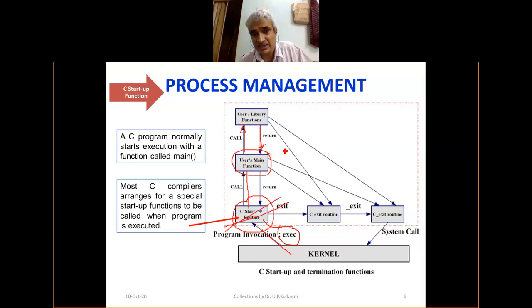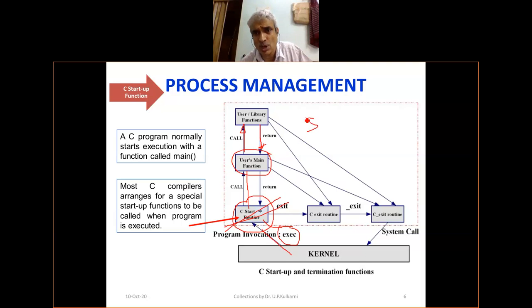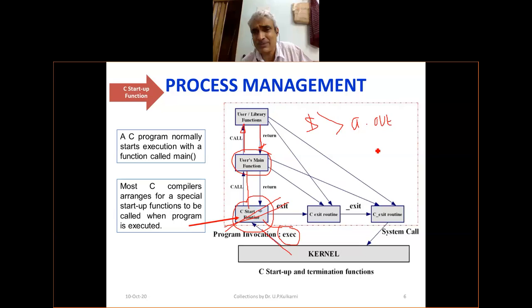Now, when you are running a.out at the dollar prompt, who will run the main function of a.out? You don't know.